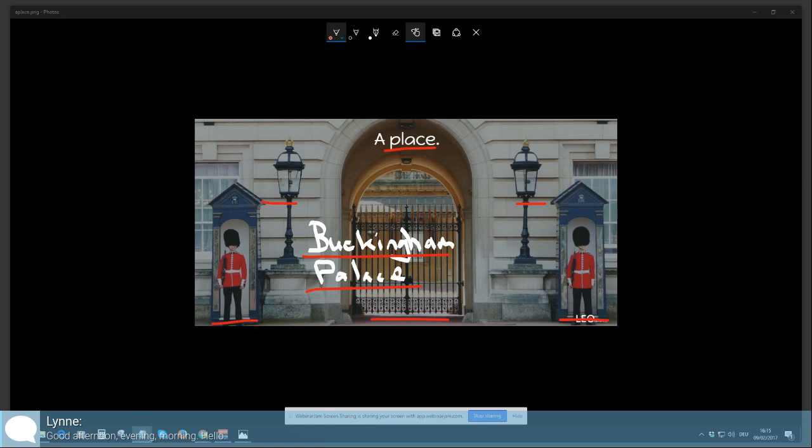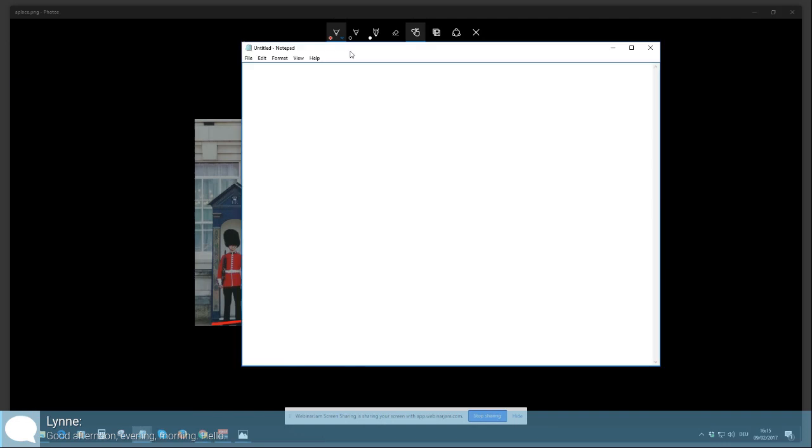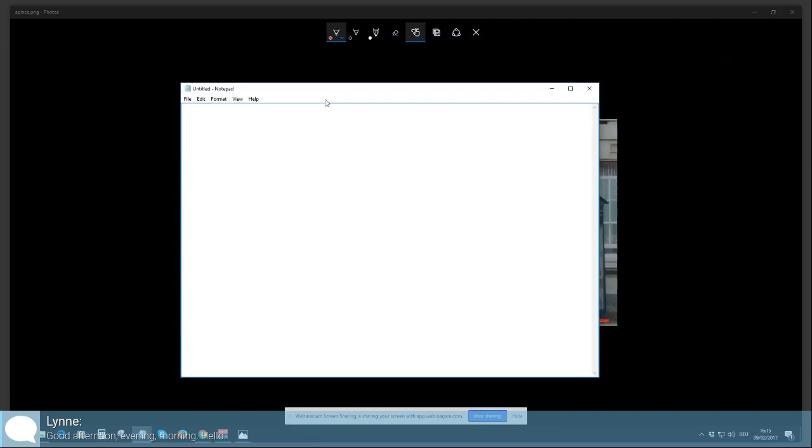Then we get into things that aren't as clear, if you like, because there's a rule in English. If you can draw it, it's a noun. So if you think about that as a kind of rule, let me share. If you can draw it, it's a noun. That's a rule.